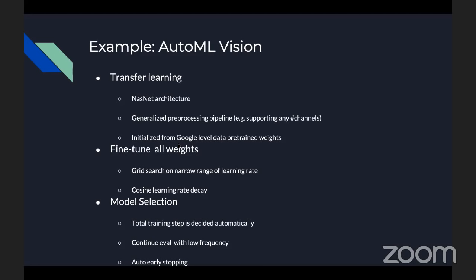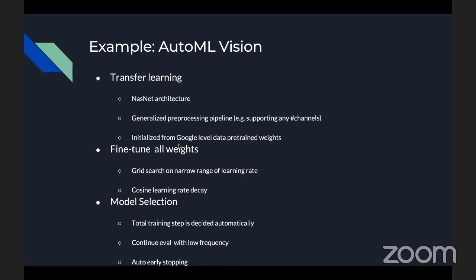For example, if we see that this model has already converged, we need to automatically stop it, because even the total training step is not a knob for the customer. There are some customers who don't even know how to set the total training steps, like how many epochs they should train, if they don't have sufficient machine learning background.